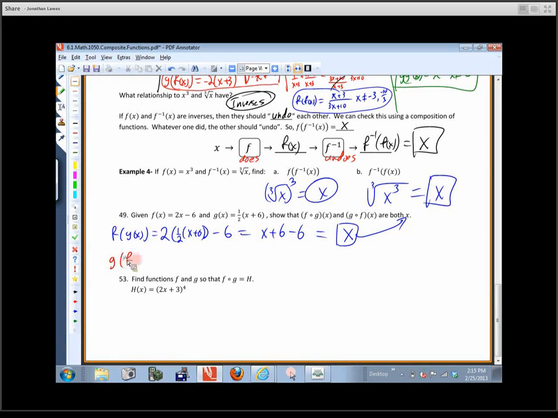Now we want to do it the opposite way. G of f of x. So would you write that down, please? Write what you'd plug into what? Don't simplify anything, just literally plug f into g.